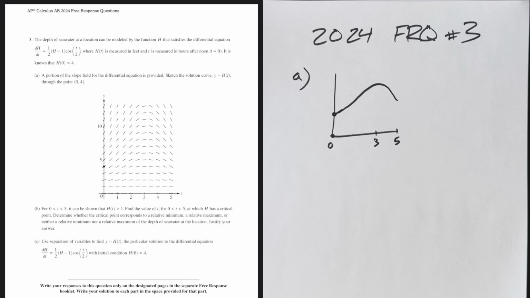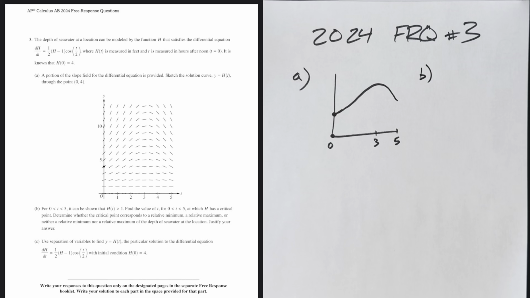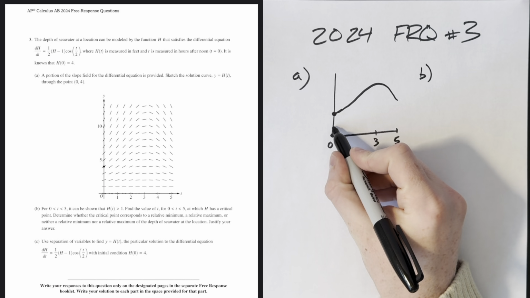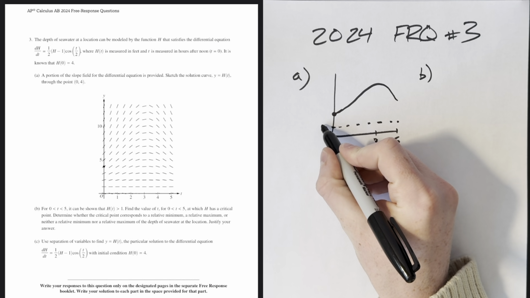Now, part B, I'm going to kind of do alongside part A, and we'll work through it together. It says for t between 0 and 5, it can be shown that h of t is greater than 1. So h of t being 1 is somewhere down there. And that makes sense, right?